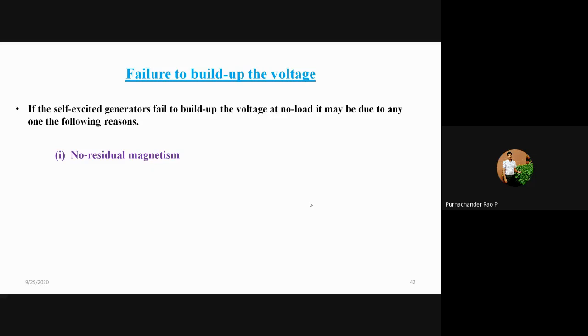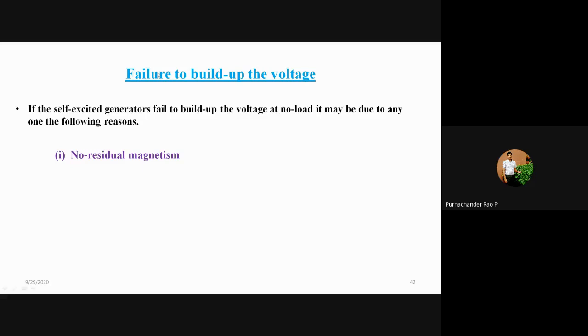Now, if no residual magnetism is present in the machine, what should we do? The remedy is that we should remove the field winding of the self-excited generator, which may be shunt, series, or compound, and run the machine as a separately excited DC machine. Once it is separately excited, it gets some field current, flux is developed, and the machine builds up the voltage.